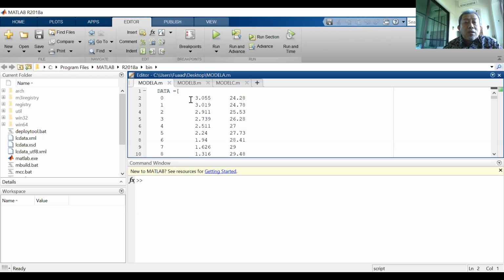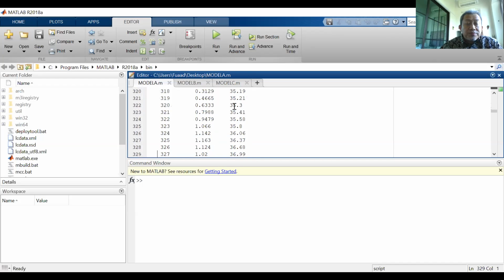Kolom yang kedua adalah voltage dia, iaitu input signal. Dan yang ketiga adalah displacement dia in millimeter. Jadi kalau kita browse sampai bawah, ada banyak data.